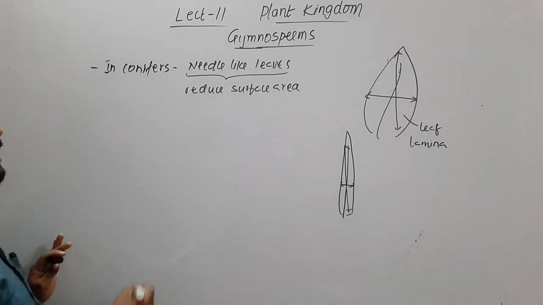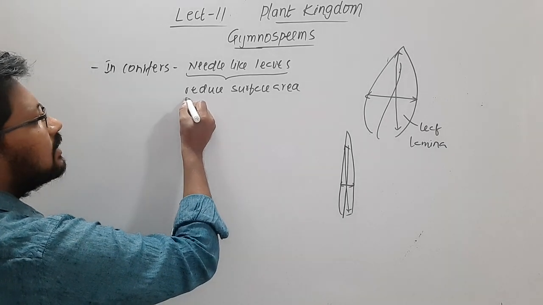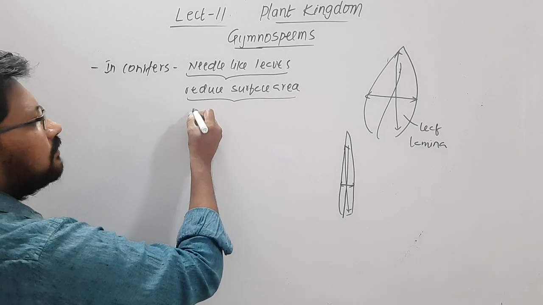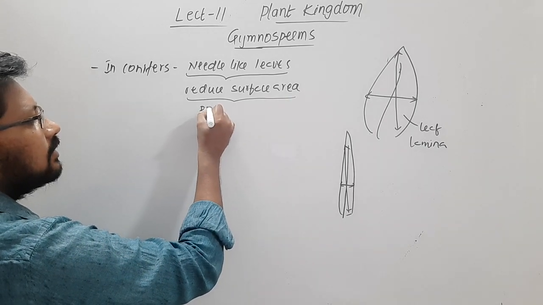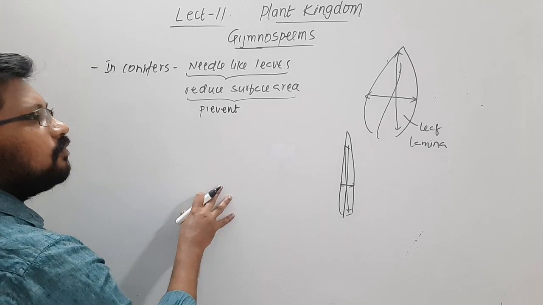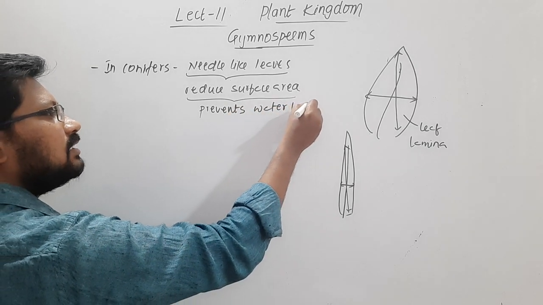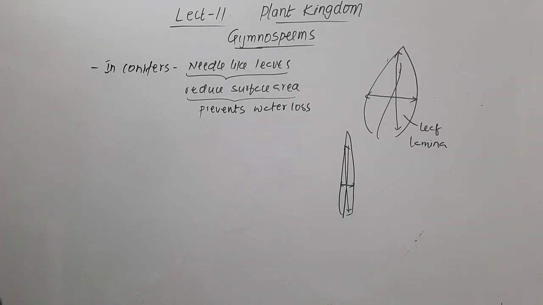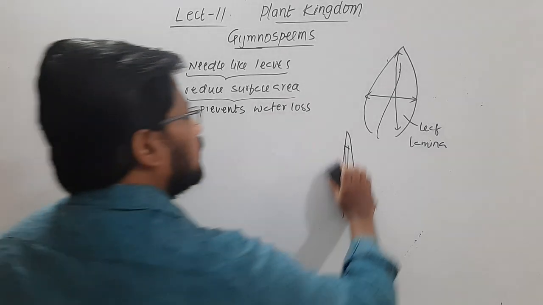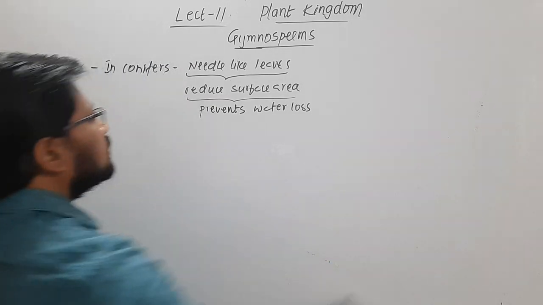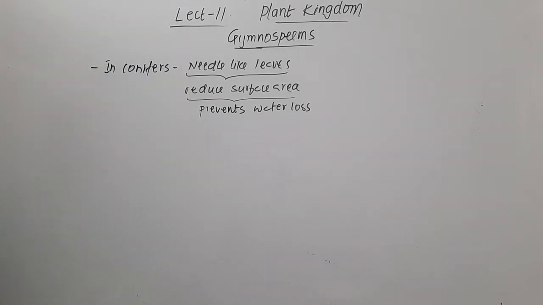So this reduced surface area will help in preventing water loss, which means it conserves water. So that's the needle like leaves, which help in reducing the surface area and preventing water loss.